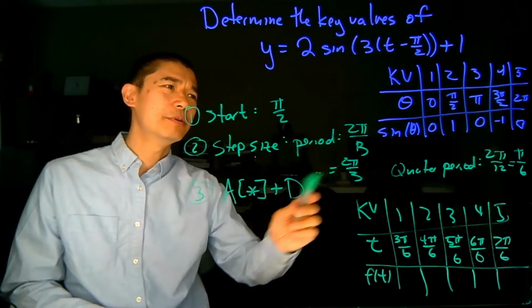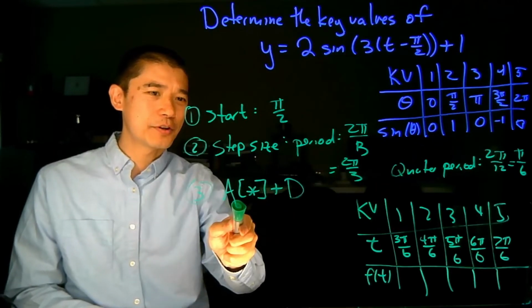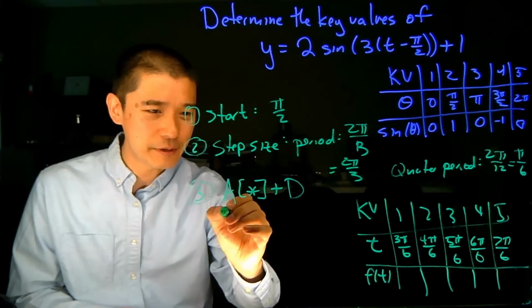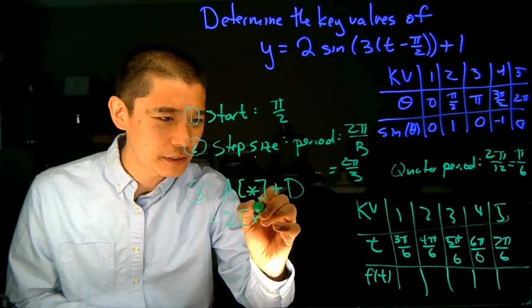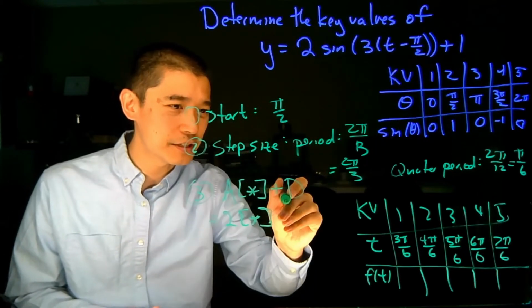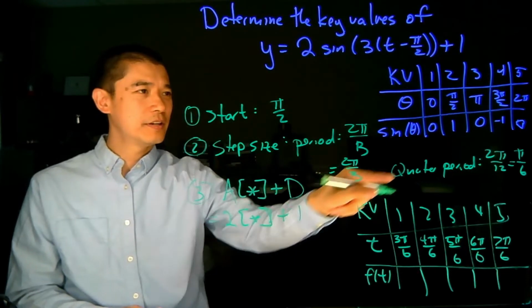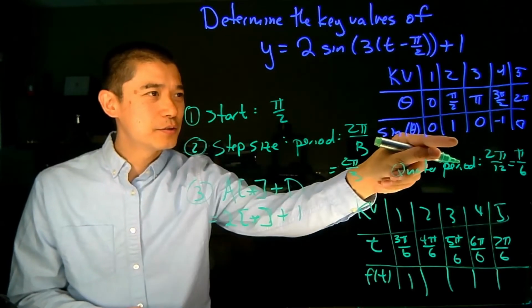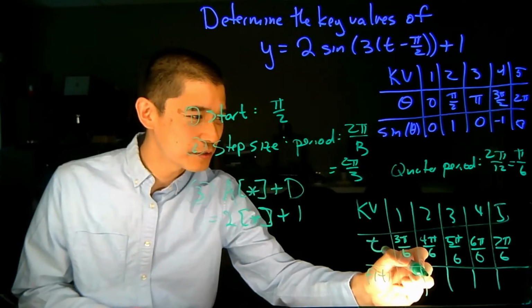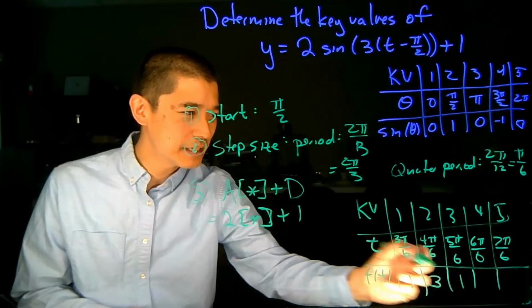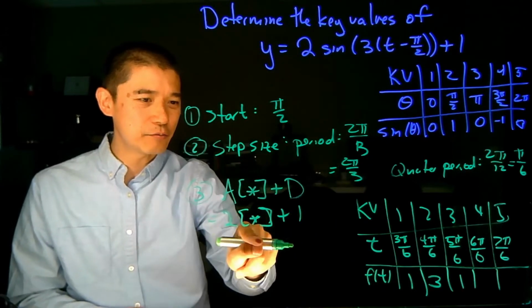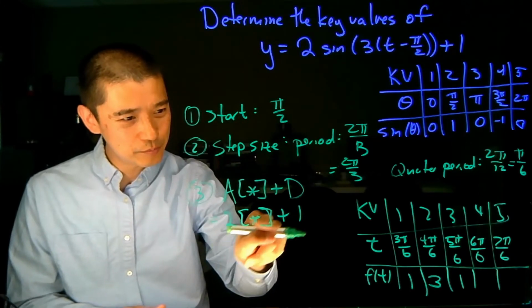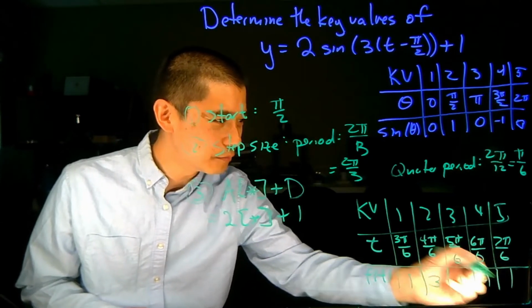Our a in this case is 2. So 2 times the quantity, plus d, plus 1. So 2 times 0 plus 1 is 1. 2 times 1 plus 1 is 3. 0 we just did. 2 times negative 1 is negative 2, plus 1 is negative 1, and then 1.